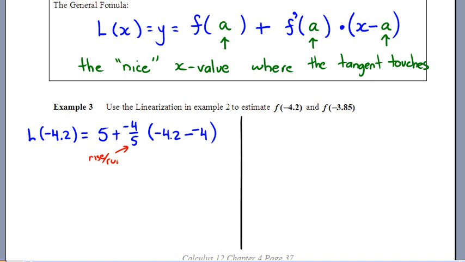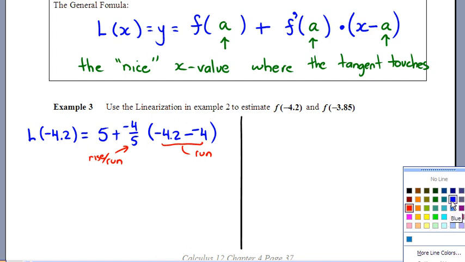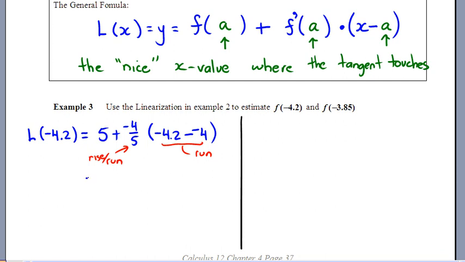And this part right there is going to be my run. And if I multiply my run by my rise over run, I'll find out what the rise, the differential, will be as I move away from that y value of 5. Okay, we got a 5, and then negative 4/5. What's this going to be? Negative 4.2 add 4. That'll be a negative 0.2.